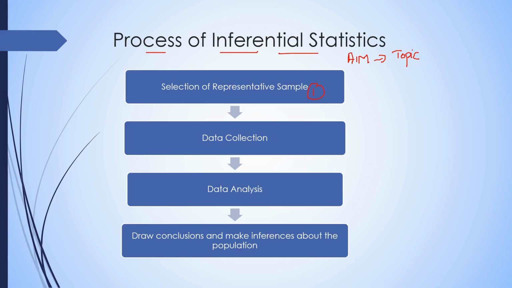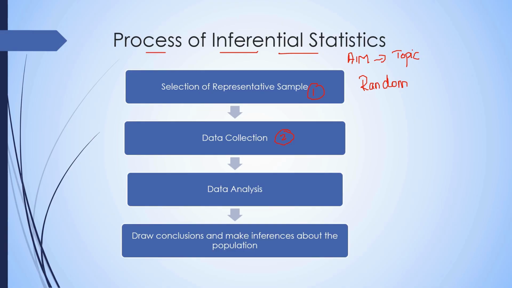After you select the sample, then you have to collect the data. The selection of sample from the population should be random. This is one of the major rules of statistics, that the random sampling should be done from the population, and then you have to collect the data from your random sample.